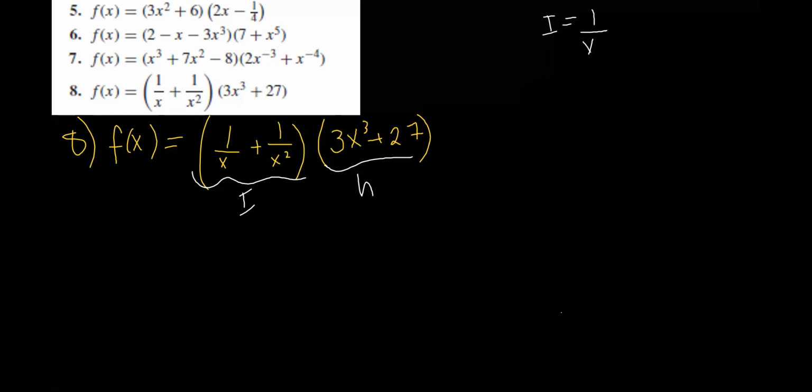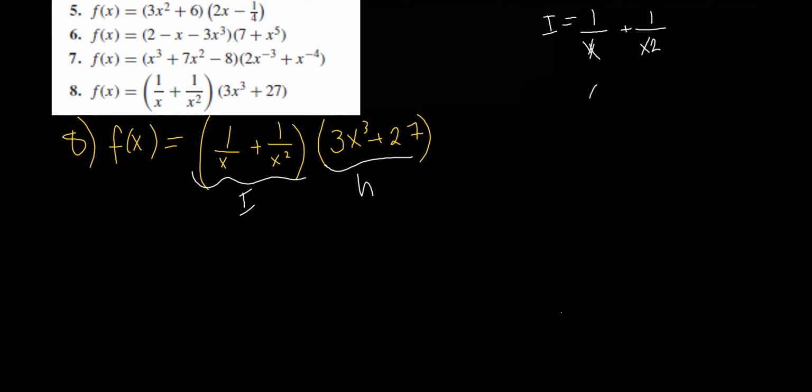First, f of x is 1 over x plus 1 over x squared, times 3x cubed plus 27. So let's now write here: I is 1 over x plus 1 over x squared.